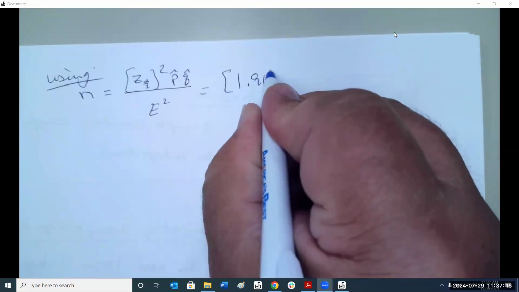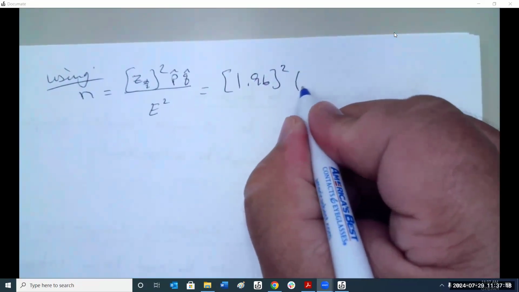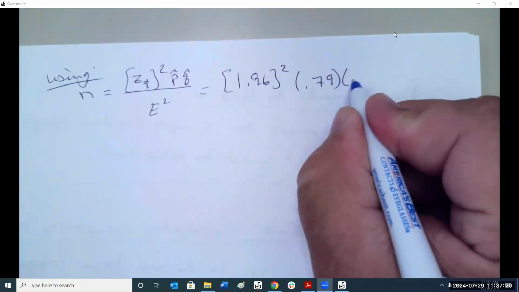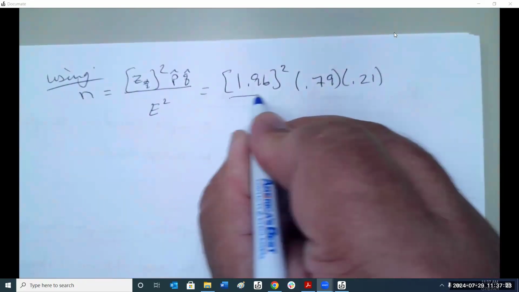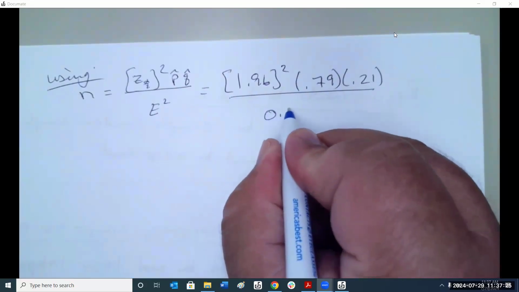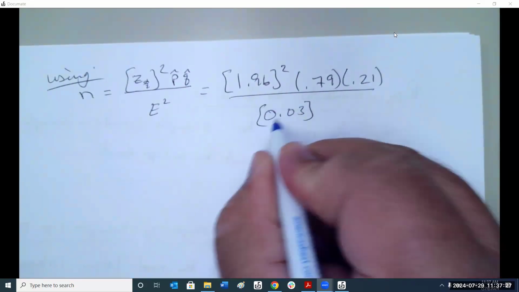We have 1.96 squared, 0.79, 0.21, all over 0.03 squared.